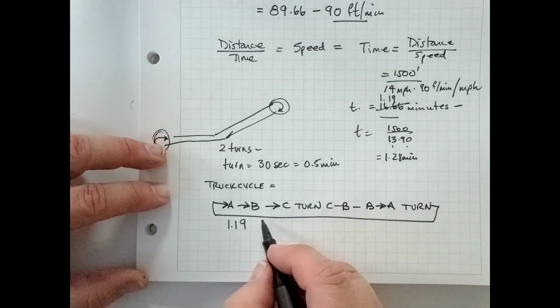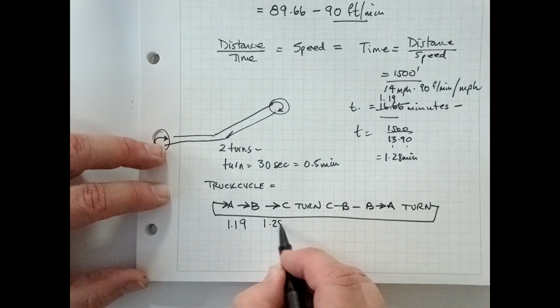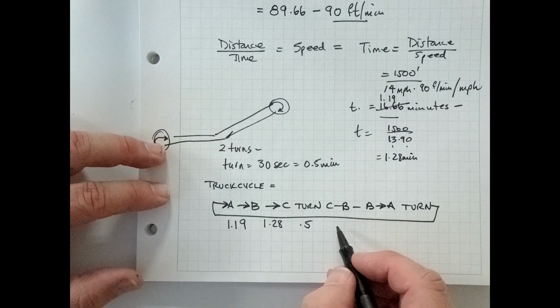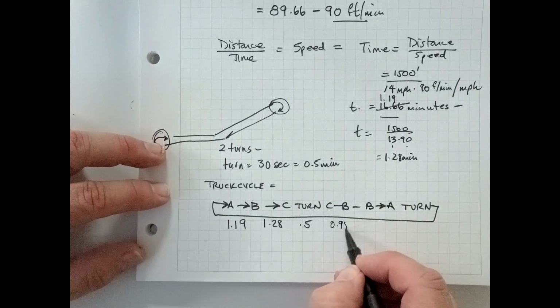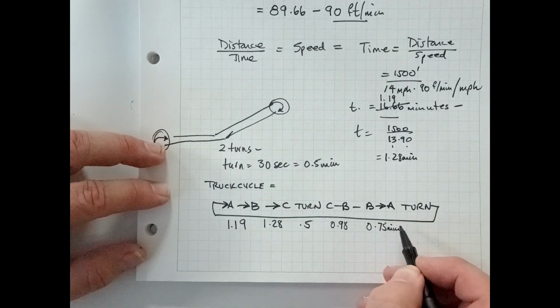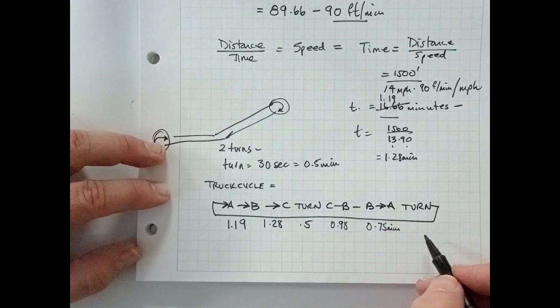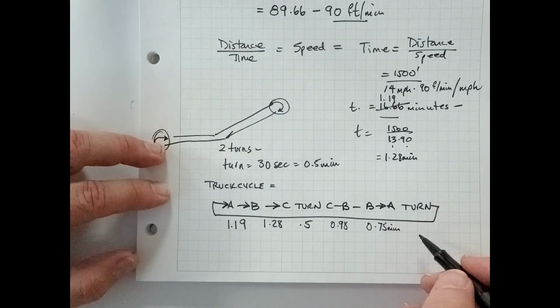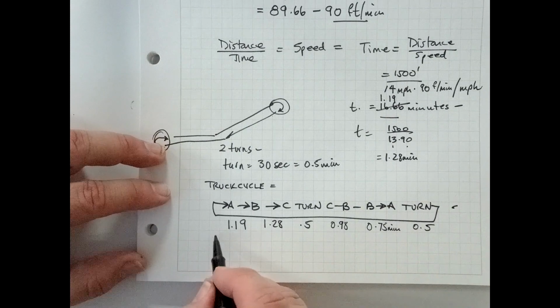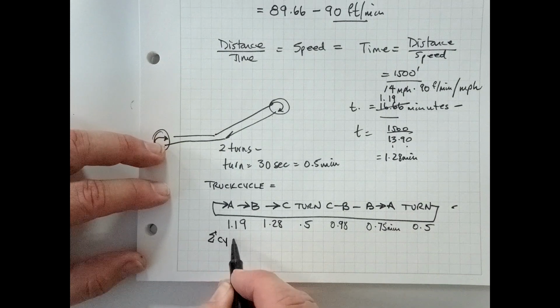This takes 1 minute and 28 seconds. The turn takes half a minute. Returning C to B is 0.98 minutes. B to A is 0.75 minutes. It's flat, so the only thing it's going to control is our ability of the vehicle to push through the soil, and another turn. And we add all of these up, and this gives us our cycle time.